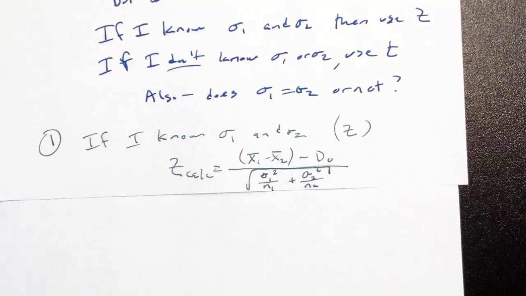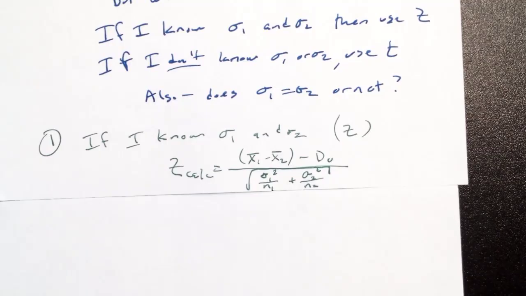But because I've got two standard deviations and two populations, I need to treat each of them separate. But I want their combined standard error, not the standard error on each one. I want to combine that standard error. This is going to make my numbers smaller. That'll make that bottom bigger.